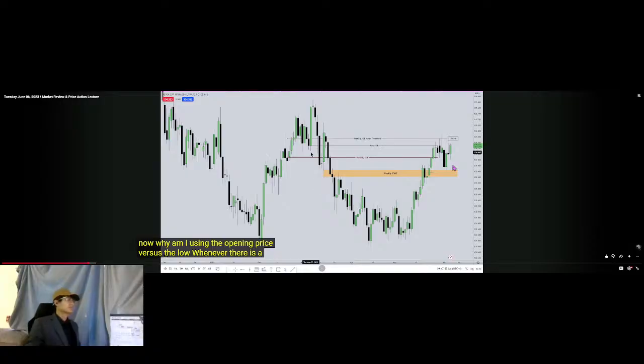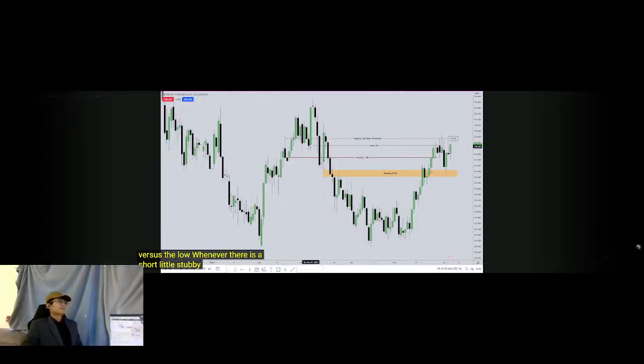whenever there is a short little stubby tail or wick, as a rule of thumb, I'm going to go right to the opening price, because I know there's probably something in that lower time frame that I'll be able to use.